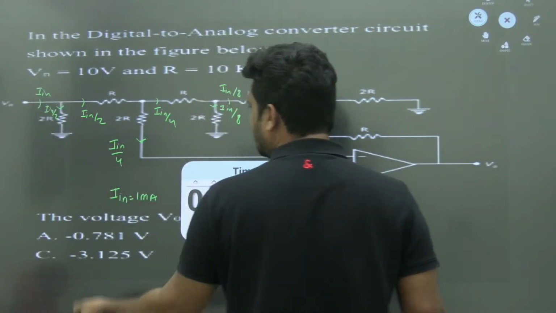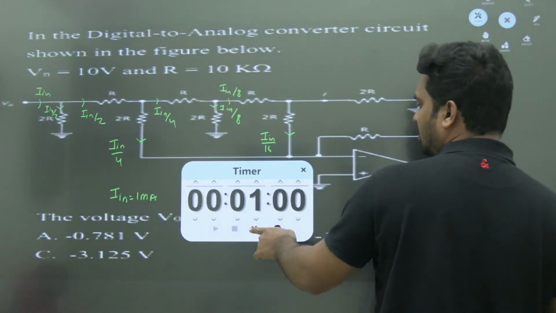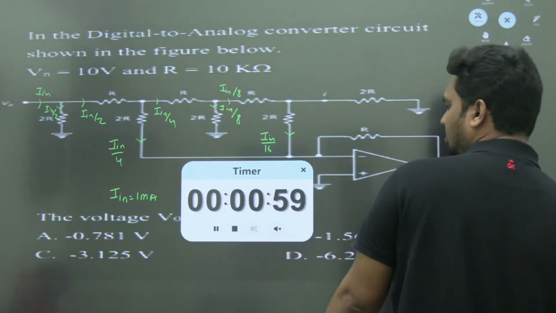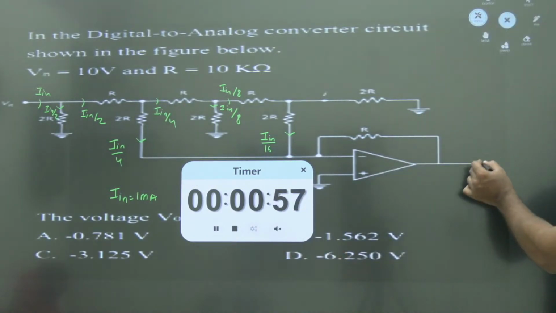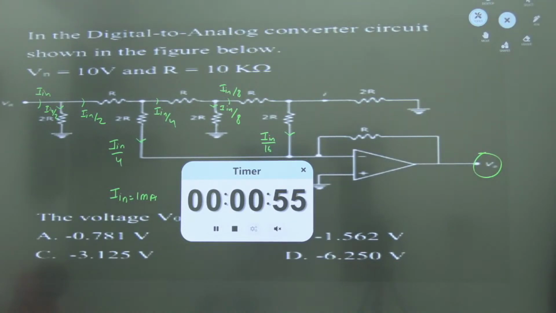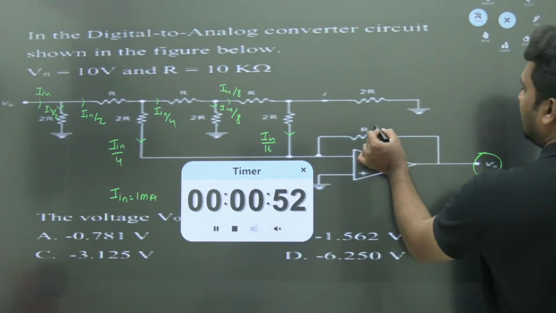We calculated this part already. Now you need to find the output voltage. So give a try. Just find V naught. R equal to how much? 10 kilo ohm.